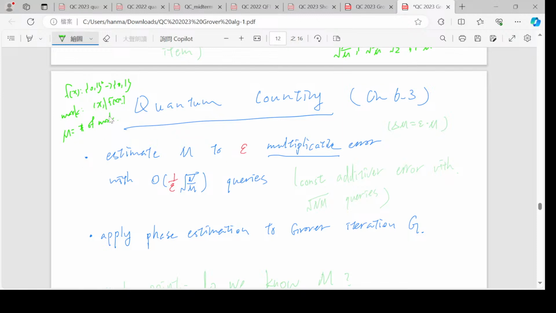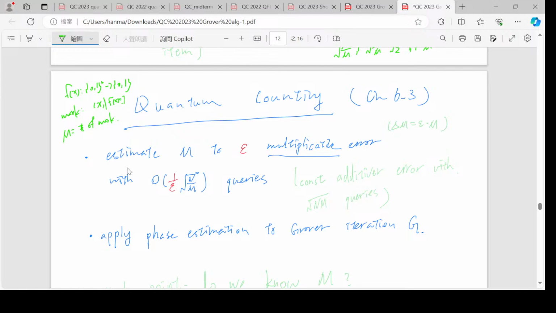So there is an extra parameter you can tune here, which is the error of this M. Here we'll parameterize this by multiplicative error. That means we want to estimate M to epsilon multiplicative error, and that means the difference between your estimation and the true M is about epsilon times the true M.